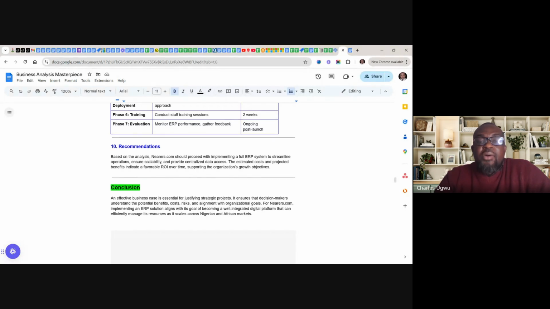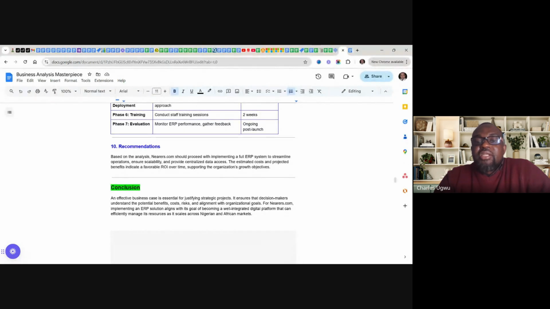So that is how we can develop a good business case. An effective business case is essential for justifying strategic projects.